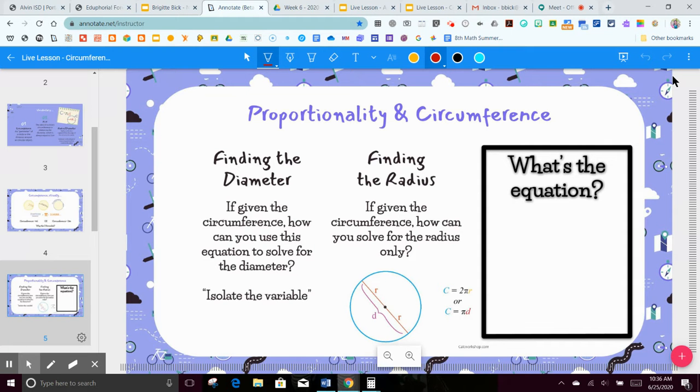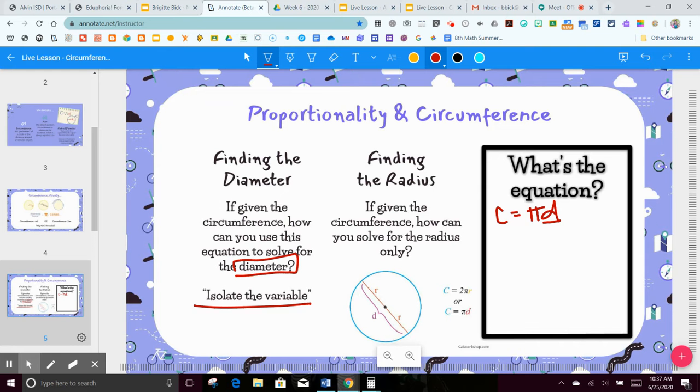So if my formula for circumference is C equals pi times diameter, then to find diameter by itself, you're going to isolate the variable, meaning you want to get this variable by itself. Well, I know you know how to do this because we've already solved equations this year.